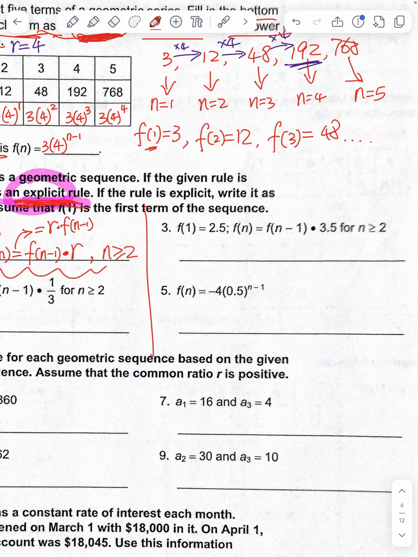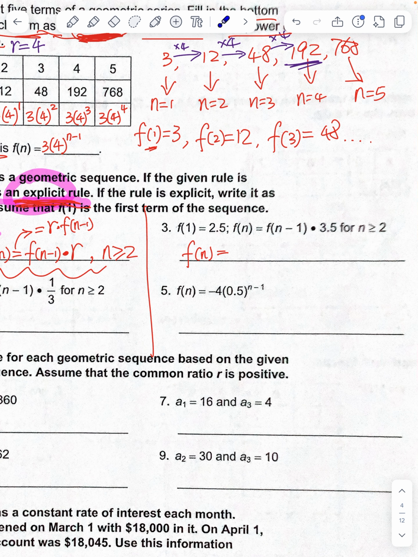Number 3, recursive rule. I need to change it to explicit rule. Explicit rule tells me I need to use the common ratio first. So common ratio is the multiplier, right? The previous term multiply. So this is a multiplier.